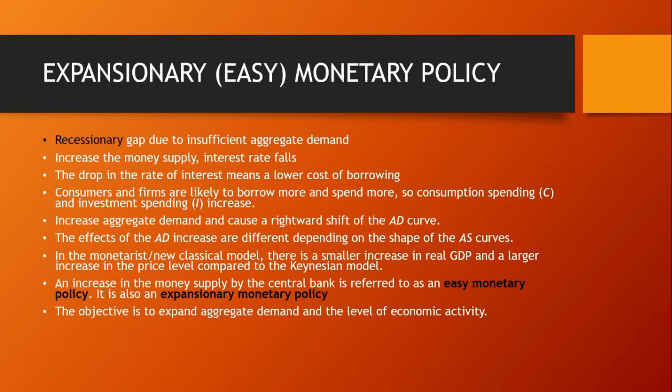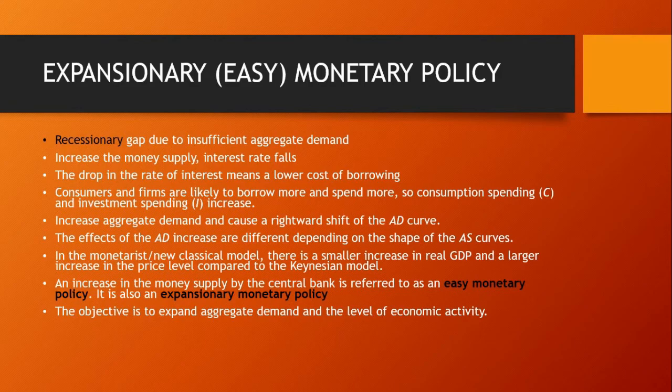Let's move on to the types of monetary policy. The first one is expansionary monetary policy, also known as easy monetary policy. It occurs when a recessionary gap appears in the macroeconomic graph due to insufficient aggregate demand.